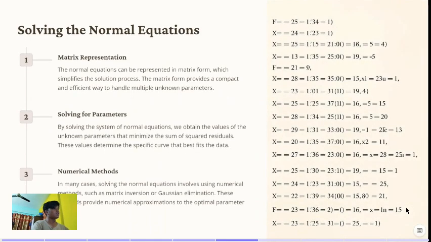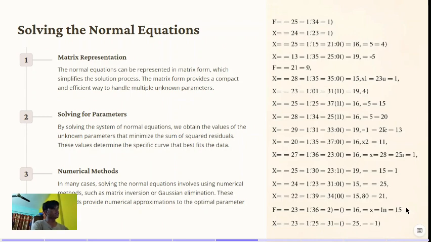Solving the normal equations. Matrix representation. The normal equations can be represented in matrix form, which simplifies the solution process. The matrix form provides a compact and efficient way to handle multiple unknown parameters. Solving for parameters. By solving the system of normal equations, we obtain the values of the unknown parameters that minimize the sum of squared residuals.